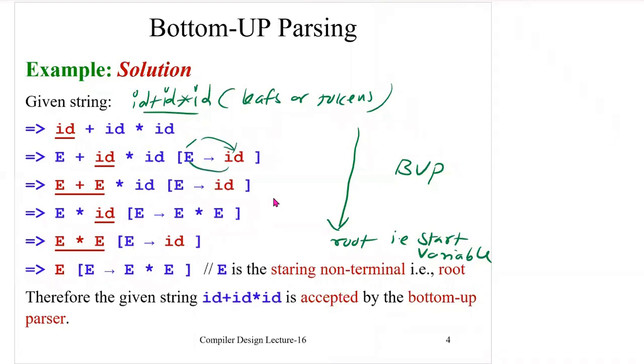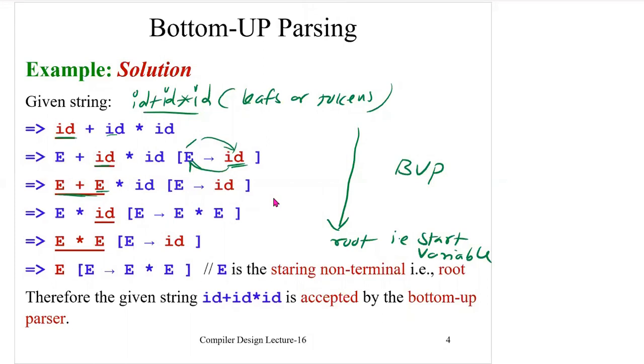Now, in reverse, in place of id we substitute E. You can see the leftmost id is substituted by E. Then plus, and again the next id. Every time you apply left to right substitution, that is leftmost derivation, but with reverse substitution. Now the next id can again be substituted with E. Now you can see E plus E.